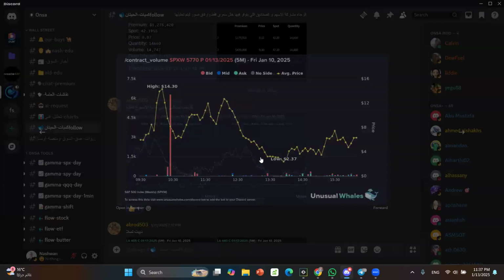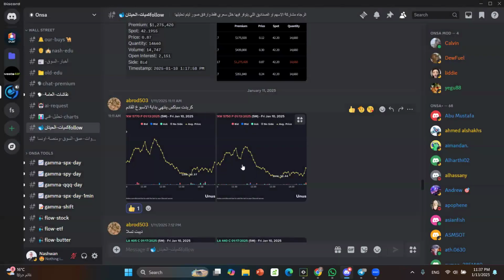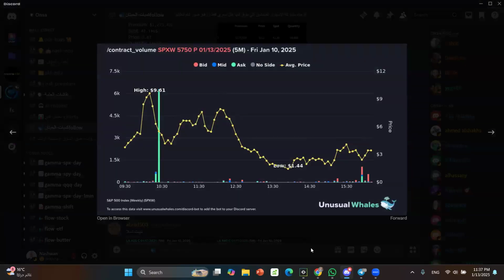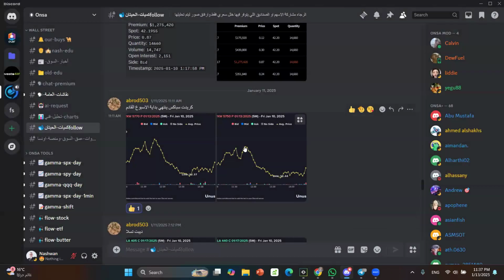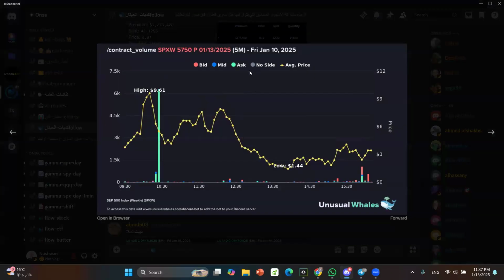He tried to find out, and we found that this whale did a spread. He's selling the SPX 5770 put for today at $14.30, and at the same time he's buying the 5750 put at $9.61.